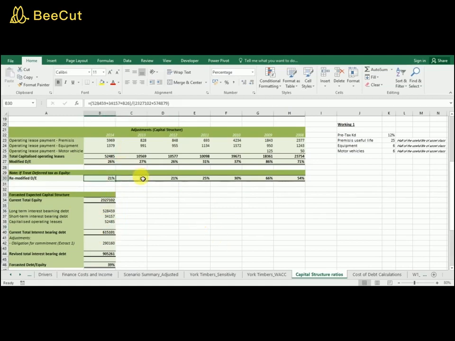Then we needed to say, all right, if we go forward, what adjustments might we need to make to this capital structure? And this has become less important in recent times because of the adoption of IFRS 16 and leases. But we need to take into account that my operating lease payments represent a certain source of funding.